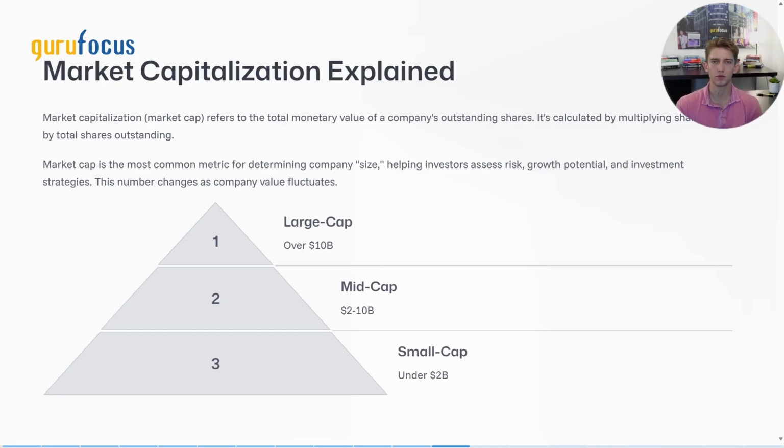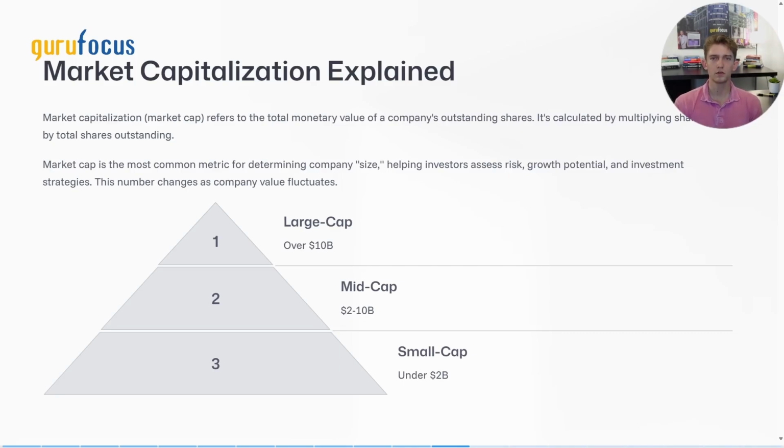It's calculated by simply taking the number of outstanding shares and multiplying it by the current market price of those shares. This is the most frequent way you'll hear investors describe a company's size. That's because it's an easy, standardized way to compare companies across sectors and industries, simply based on the total value that they represent to investors.